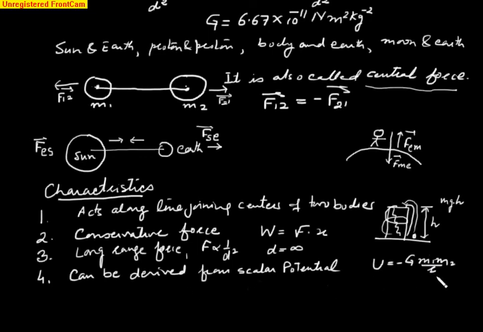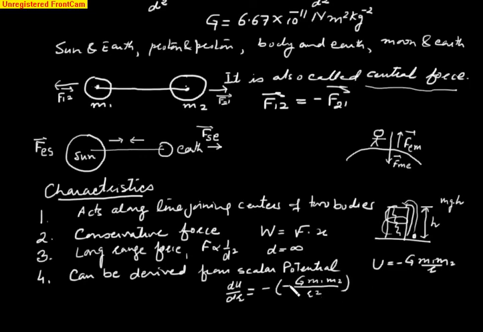Now if I differentiate it with respect to r, then I can write dU over dr, which will be equal to minus G m1 m2 times the differentiation of 1 over r, which is minus 1 over r square.